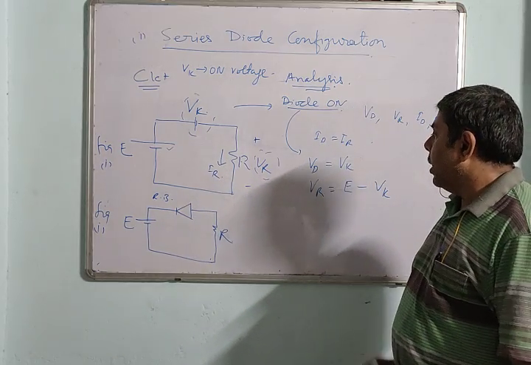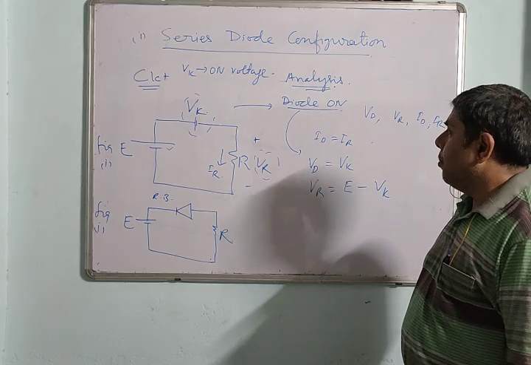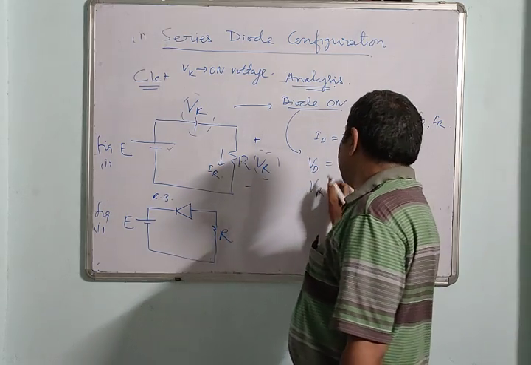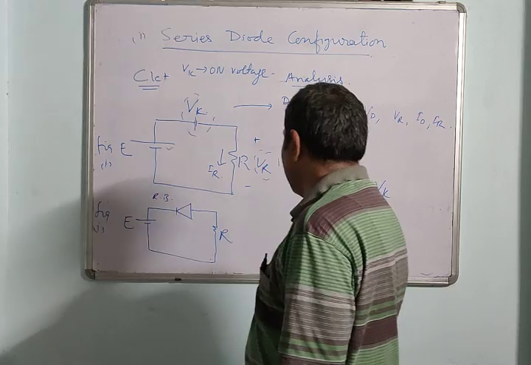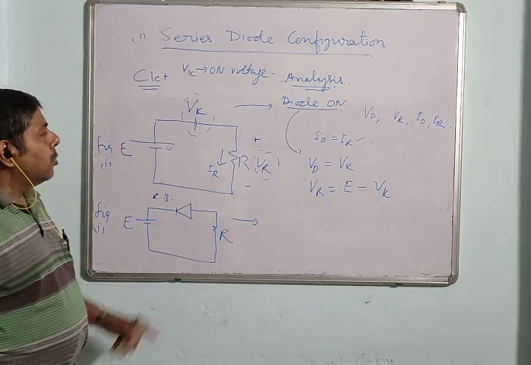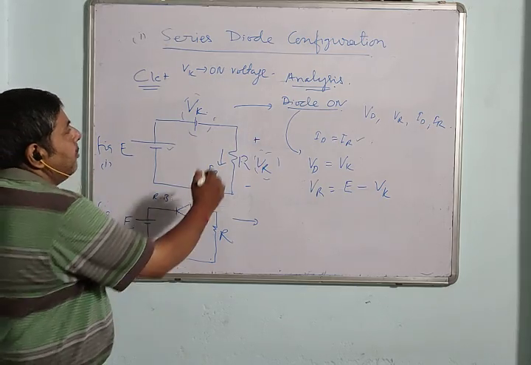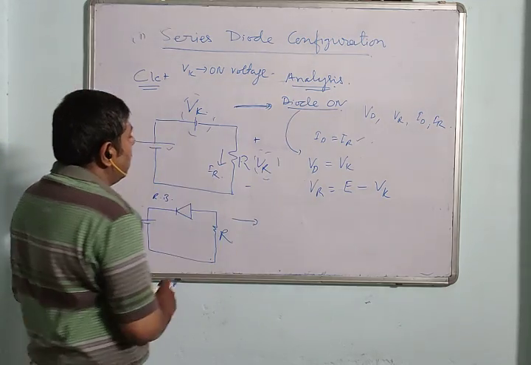Then from here you can write VR equals E minus VK. And these two currents are same. So this is the analysis of this first part, in which this diode is on.